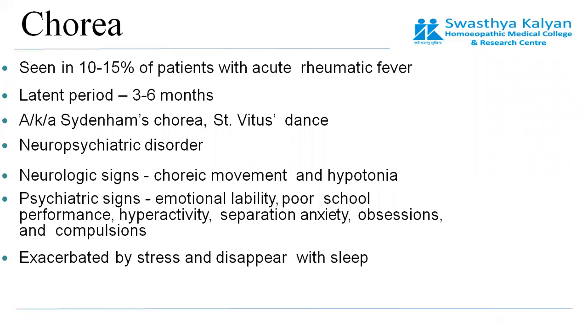So what happens is when the person tries to walk normally or is trying to do some act, due to uncoordinated movement, there is a difference in the movement of both the extremities and even other musculatures. And due to hypotonia, there is a wavy-like movement that seems like the person is dancing.